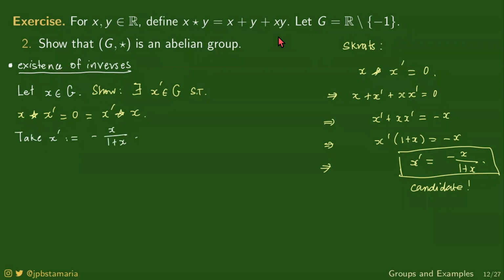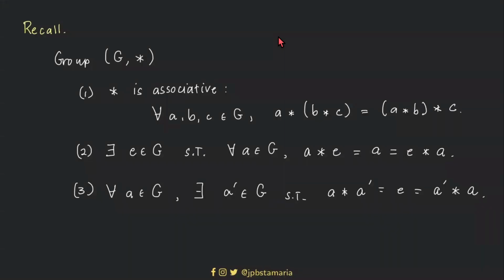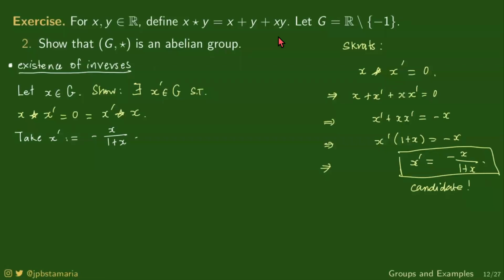Ang una nating ipapakita, bago natin ipakita na siya yung totoong inverse, is that x prime must remain in G. Kasi yung a prime dito sa third axiom must be an element of the same set. So, first we need to assure that x prime is in G.